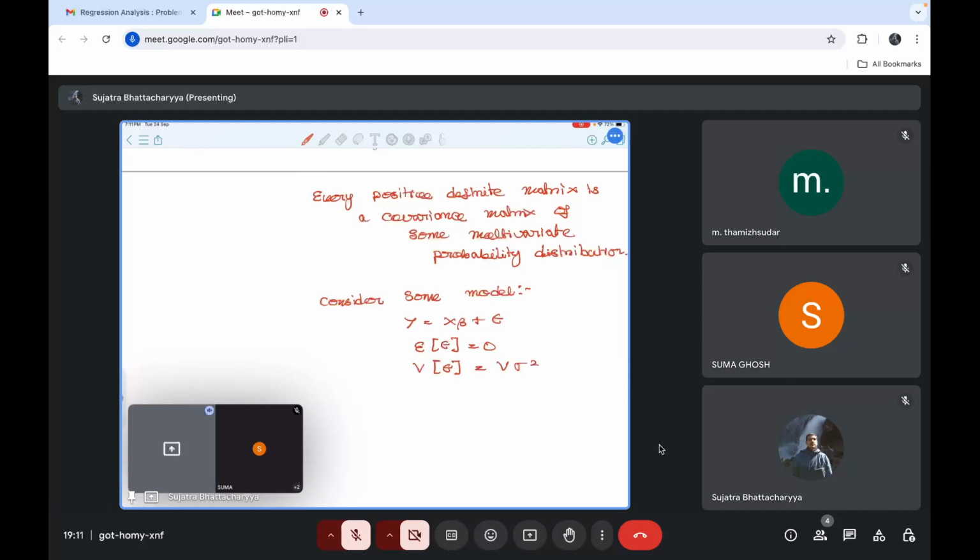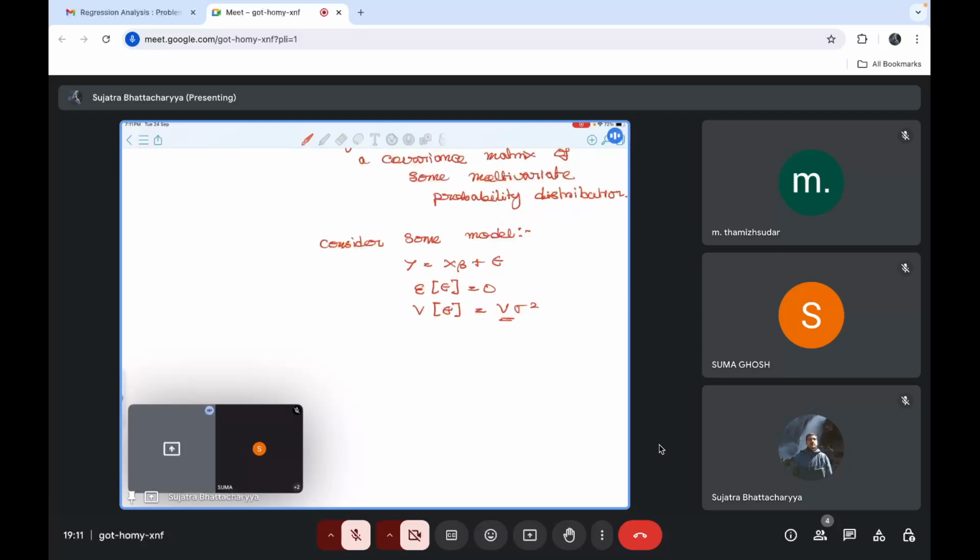It is not equal to sigma square I; it cannot be written as sigma square into I. We are now writing a generalized form. This matrix B is positive definite. Remember.